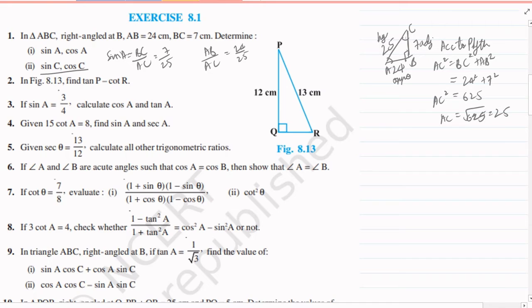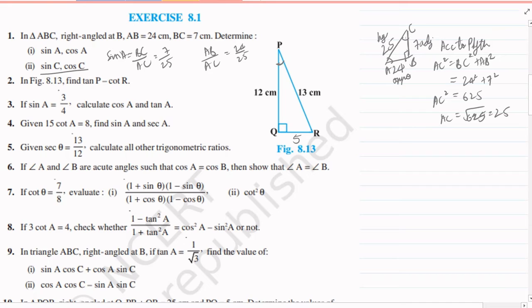Do the same. In the figure, find tan P minus cot R. So what's angle P? Let's take angle P here. Tan P is opposite by adjacent. First we should do the Pythagoras theorem, so this comes to be 5 here.